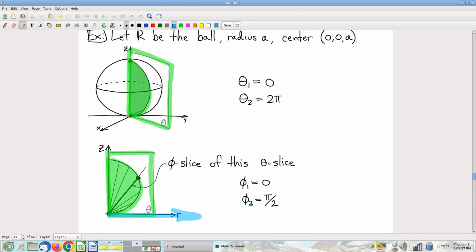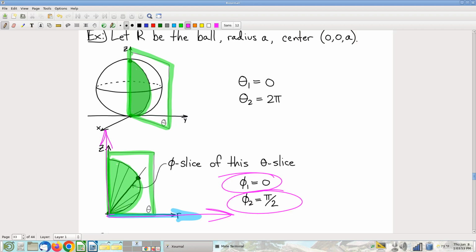Okay, that said, now what can I say about phi? What's the range of values of phi? Well, here is a phi slice. This is the phi cross section. Notice that they start straight up, where phi is 0, and they end horizontal, where phi is pi over 2.